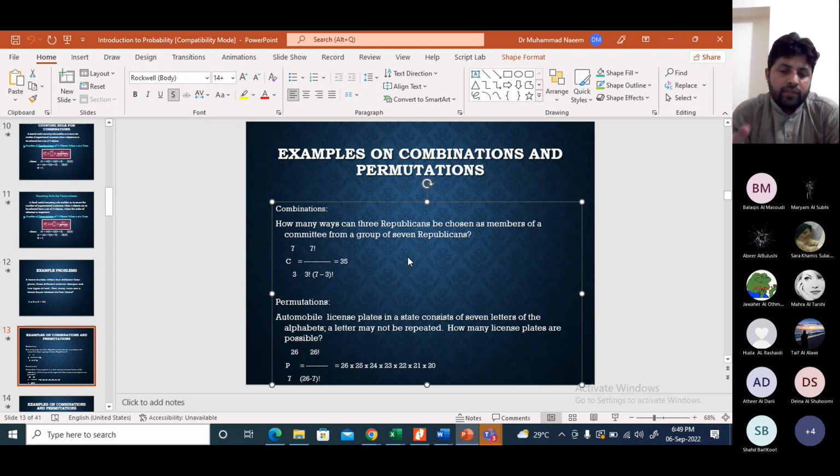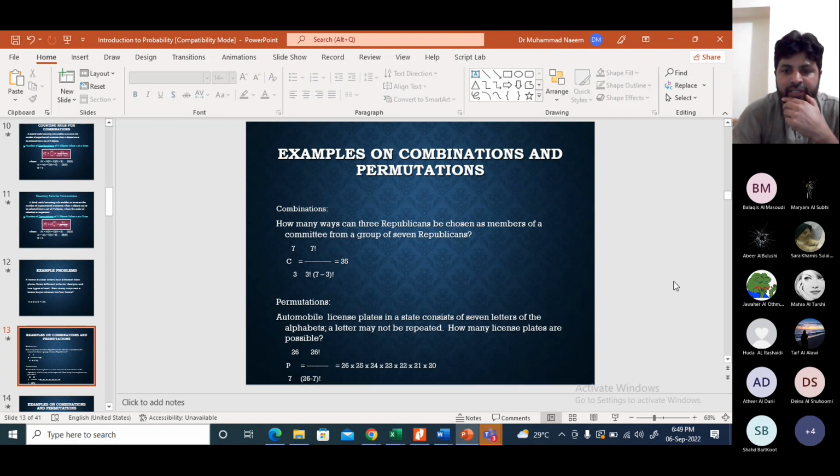You cannot use different arrangements when you have to use a PIN code, or maybe the same kind of passwords. A password is also an example of permutation because every password is a unique thing. I hope you are getting it.